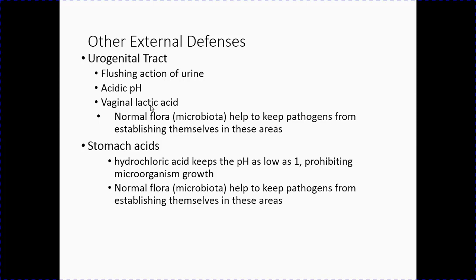It's not inhospitable for things that normally live there, but for pathogens that aren't used to it, that acidic pH is not a great place to grow and to try and set up shop. We also talked about the flushing action of urine, keeping things moving, keeping the water flowing, and that flushing of microbial organisms out of the host helps again to keep those microbes from colonizing.